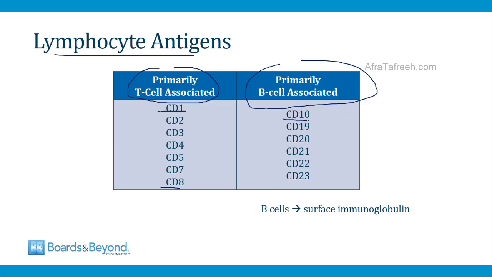This can include CD10, which is present in B cells when they're developing, and then more mature B cells usually have higher numbers like CD19 through CD23. And then finally, because B cells can produce antibodies and immunoglobulins, you often find surface immunoglobulin present on the surface of B cells. If you know the information on this slide, it'll be very helpful later when we talk about characterizing the malignant cells of lymphomas.